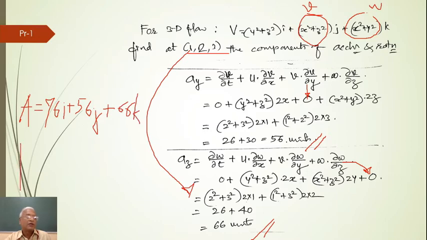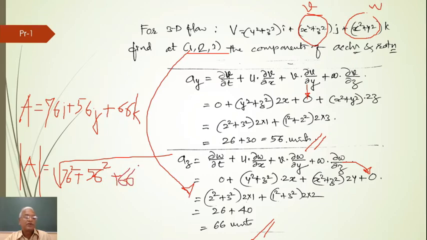Or if you want magnitude of acceleration, that is modulus of A, you know that it is square root of 76 squared plus you will have 56 squared plus this 66 squared.